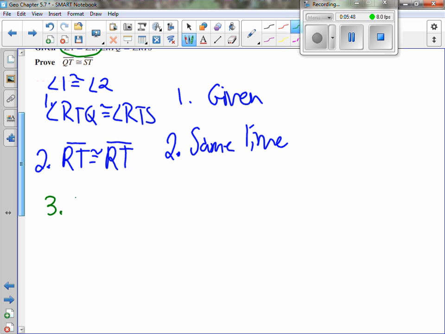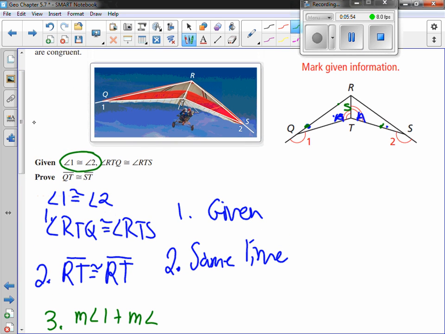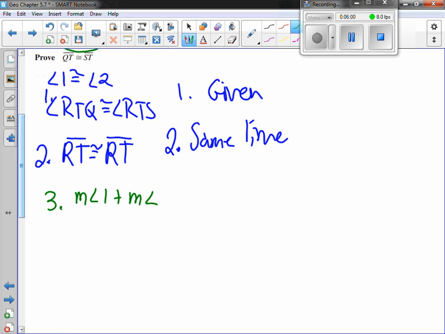Well, I know that the measure of angle 1 plus the measure of angle RQT, these here make a straight line, so they would add together to be 180. And the reason I know this is because they are a linear pair.